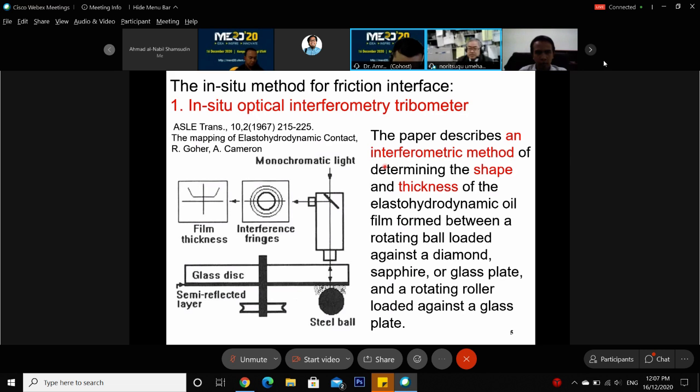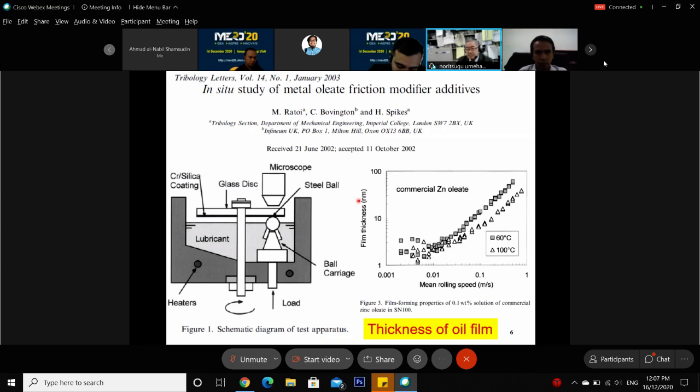After their work, Professor Hugh Spikes at Imperial College London did an in situ study of metal organic friction modifier additives. Their method is quite close to Professor Kameron's research work. There is a glass disc, a steel ball, lubricant, and a microscope. Professor Spikes also detected the thickness of the liquid film.